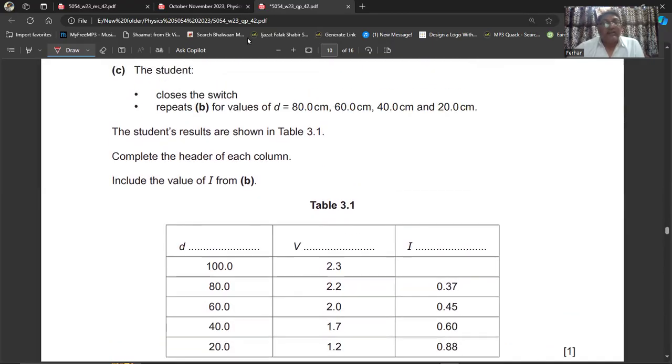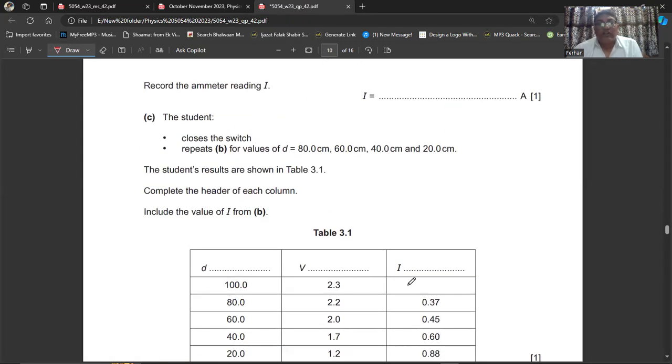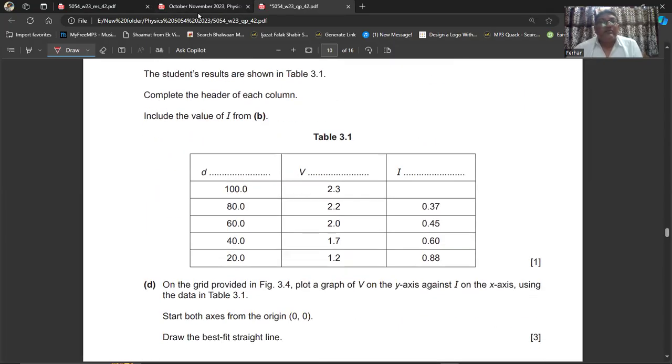The distance here will be in centimeters, V you write in volt, and I will be in ampere, so you will write here a capital A. Here, when the length is 100, the V value is 2.3, the I value is 0.31. Note it here.